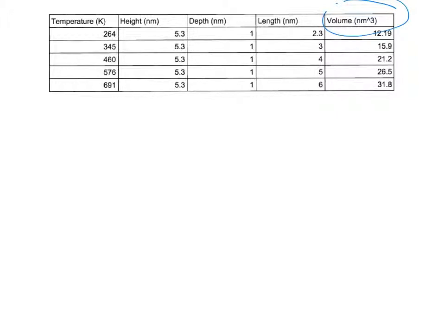Now I gave you the depth, and the height was relatively constant at 5.3, depth at 1. And for the first one, I measured the length out to be 2.3 nanometers.